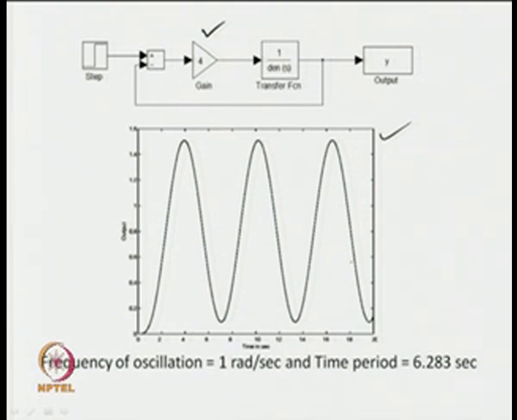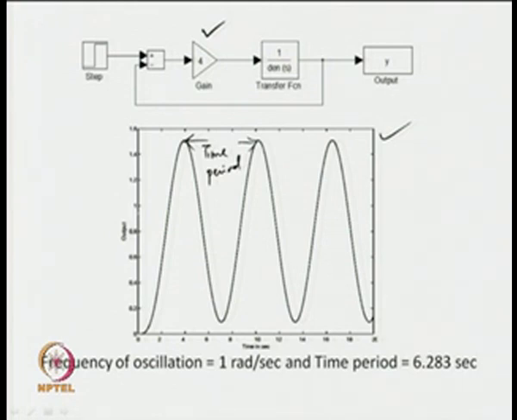Now, one can make simple measurements. One can measure the period of the output. This is known as our time period. Also, from the time period, it is not difficult to obtain the frequency of the sustained oscillatory output of the closed loop system.